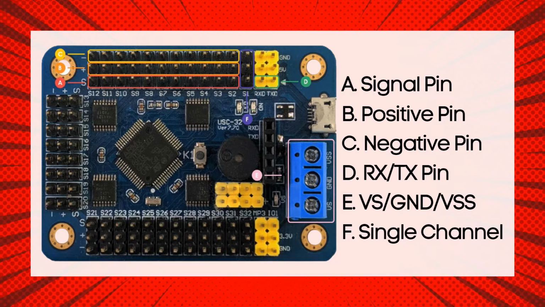Let's always remember these letters from A to F. Again, those were the signal pin, positive pin, negative pin, the RX-TX pin, the VS GND VSS pin, and then the single channel.